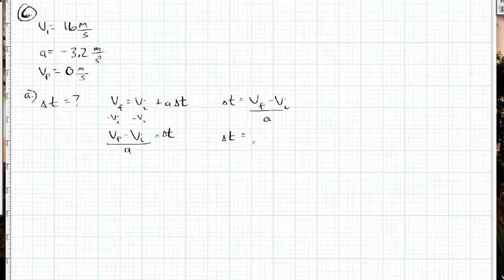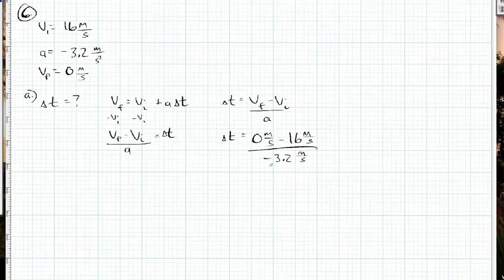Our final velocity is 0 meters per second, minus initial velocity of 16 meters per second, divided by A, which is negative 3.2 meters per second squared.